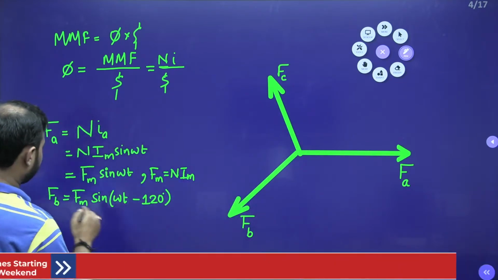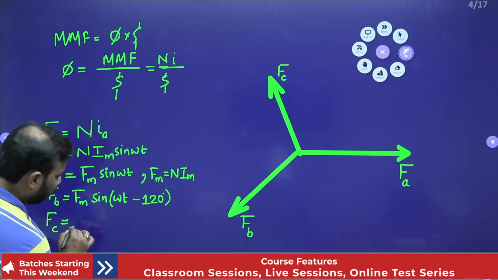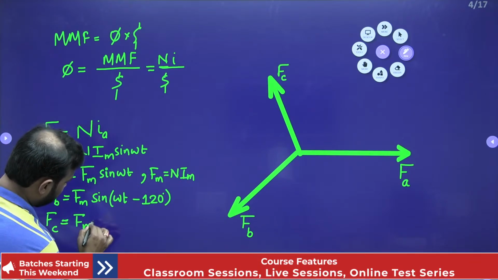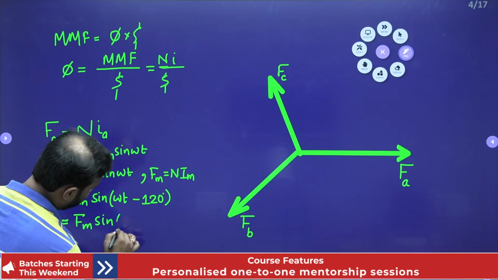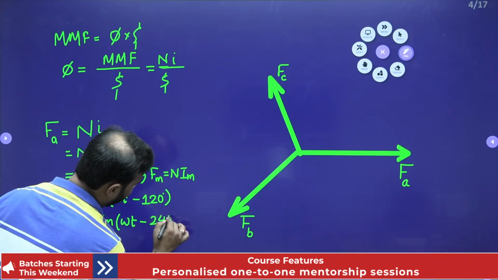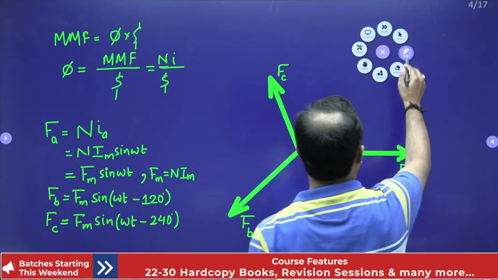And what is FC? This is the MMF due to current IC. So FC is equal to Fm sin omega t minus 240 degree, or plus 120 degree. Done? Okay.